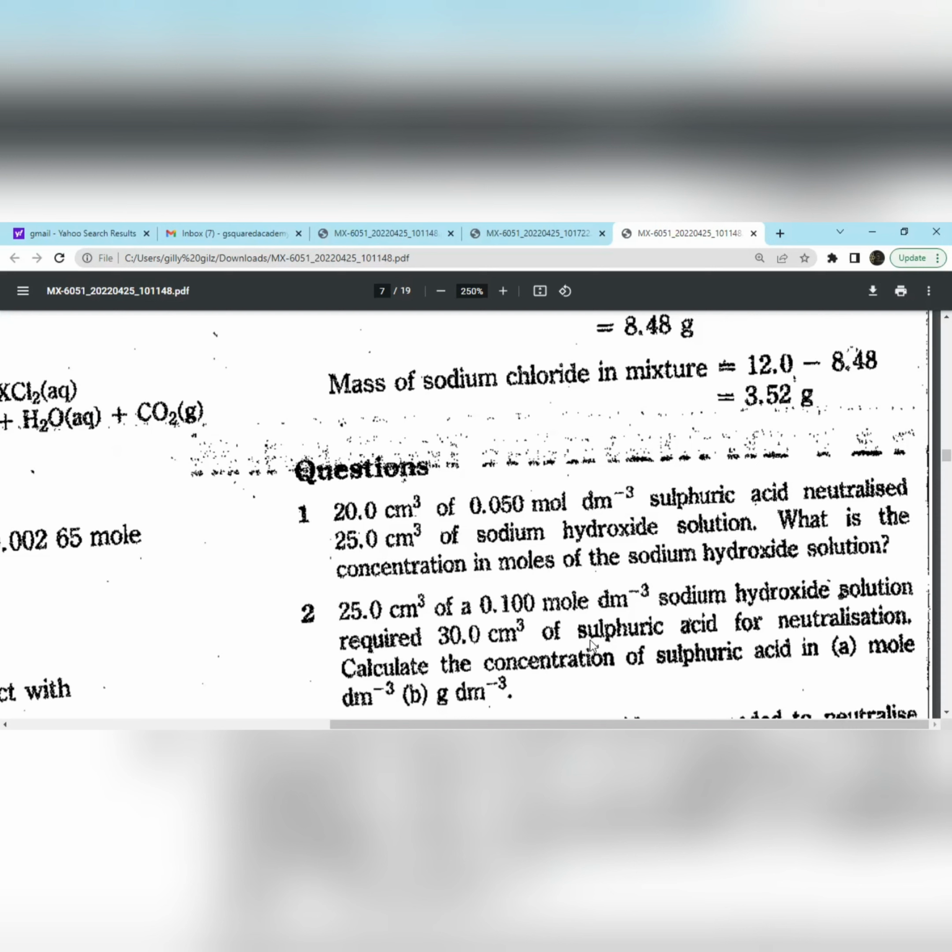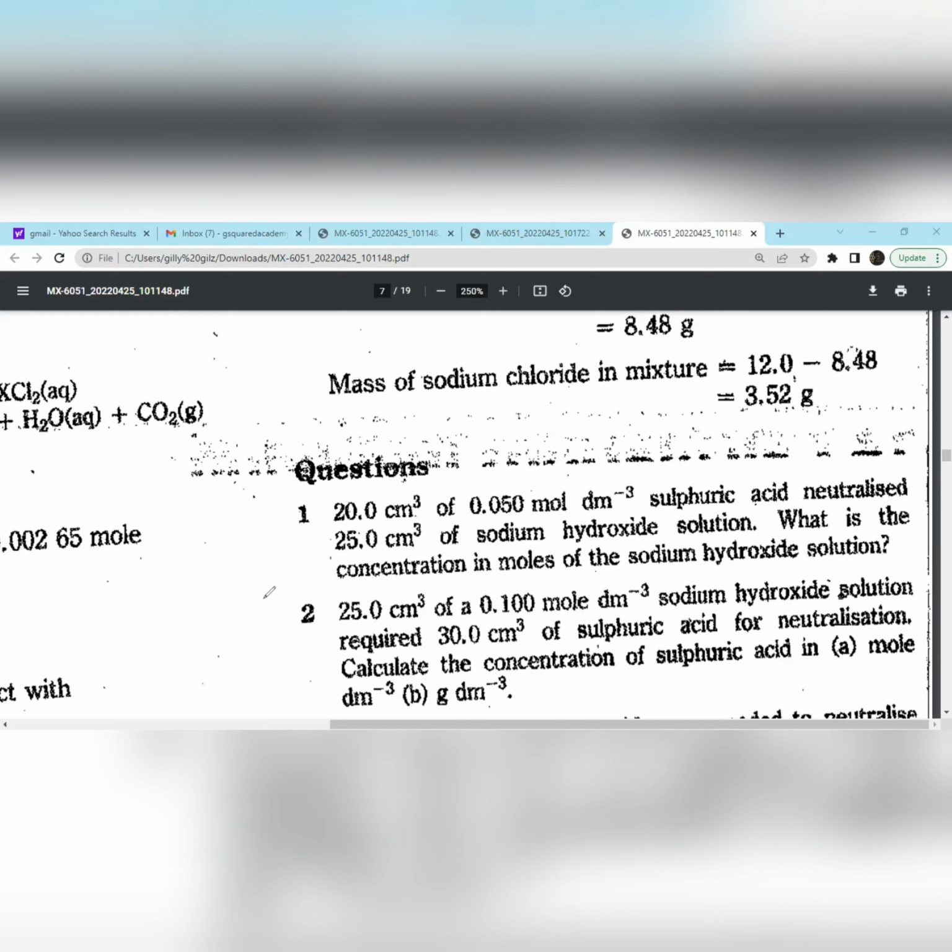Now, generally speaking, you will be given information about one thing, and then you're supposed to find the concentration of the other species. You may be given both, and then you're supposed to find the mole ratio. But generally speaking, you would be given the information for one of those species. So you have to now look at what you have. Okay, these questions don't come with a lot of decorations.